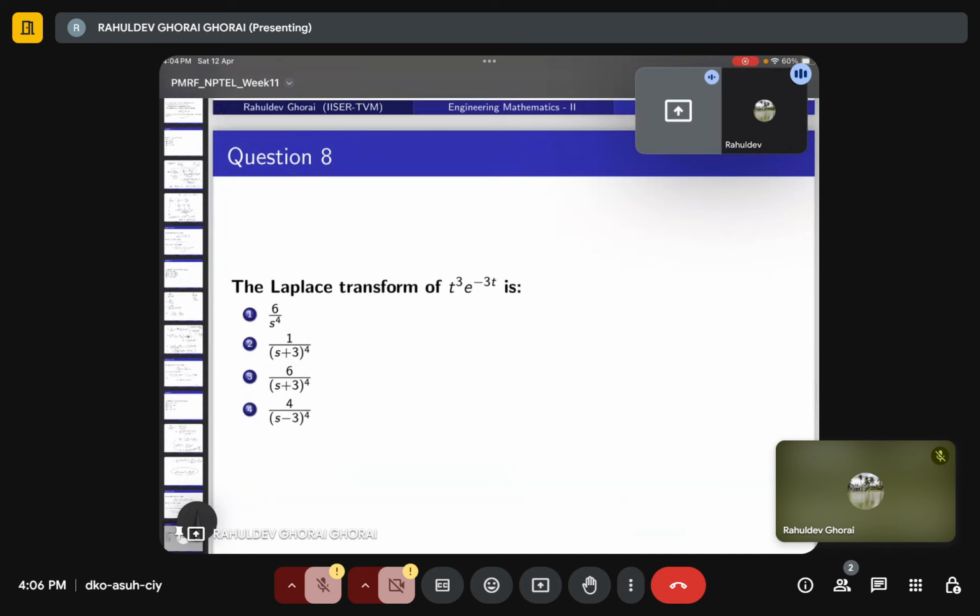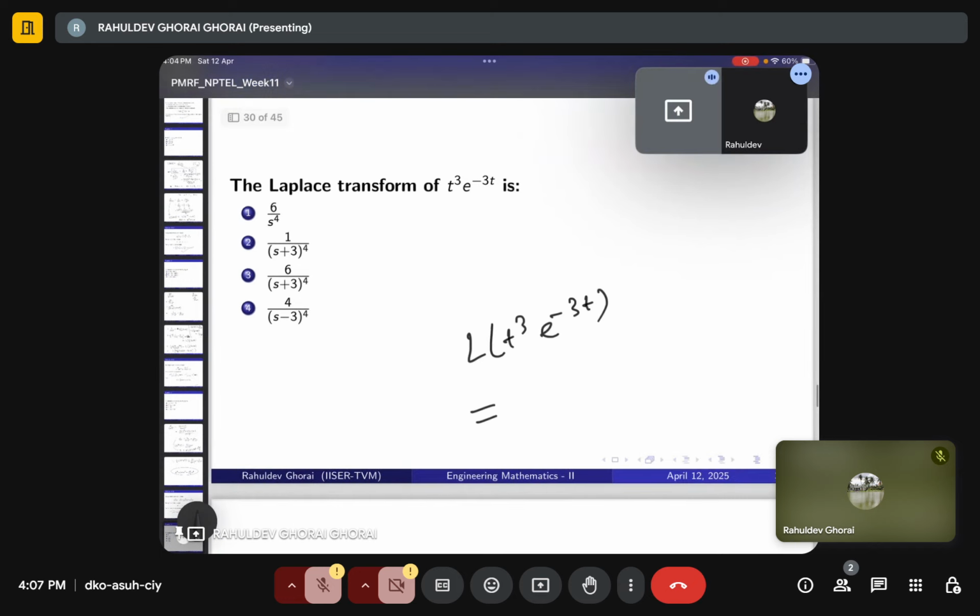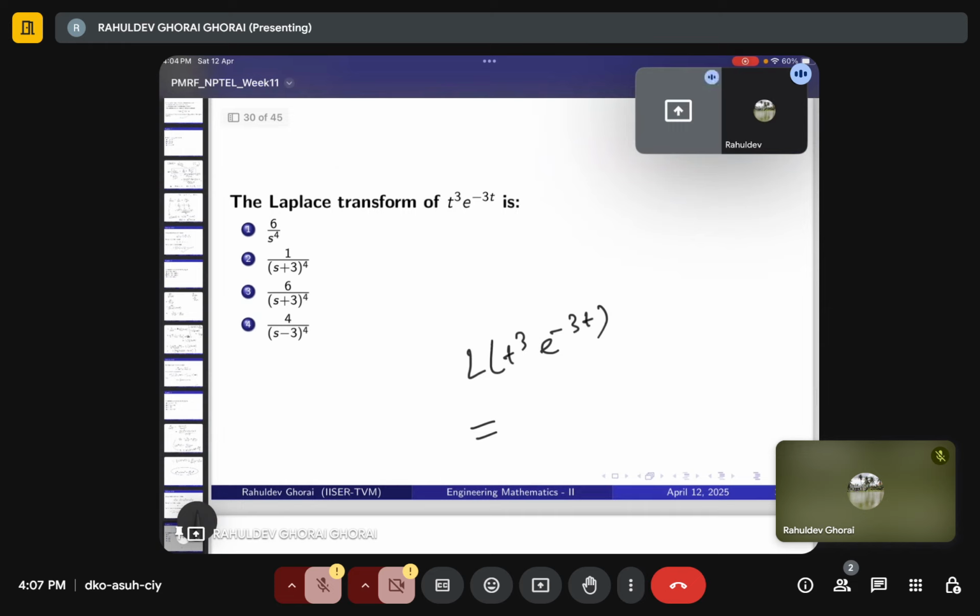The Laplace transform of t cube e to the power minus 3t, as you have already seen. So L of t cube e to the power minus 3t will be, now t cube is n factorial over s to the power 3 plus 1, but here s plus 3 due to this.